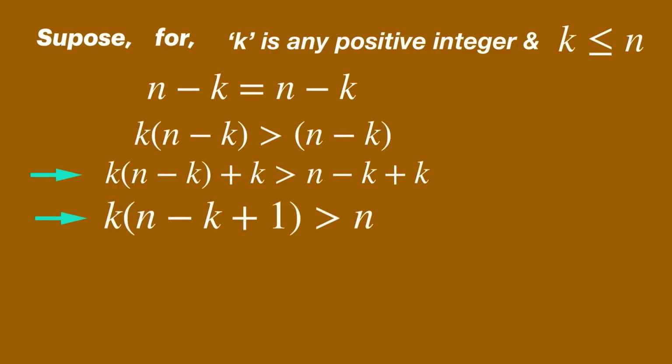So k into n minus k plus 1 is greater than n, and if we take k and 1 as one set, then we can write k into n minus k minus 1, because the sign of k is negative.